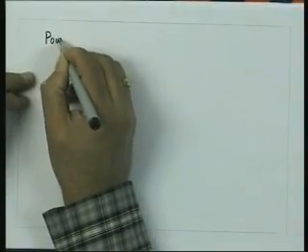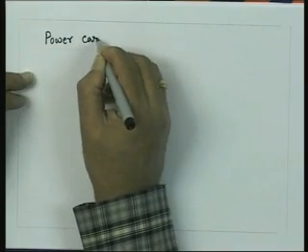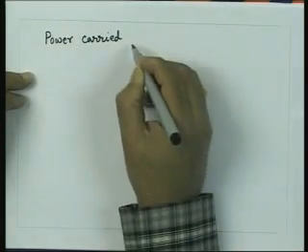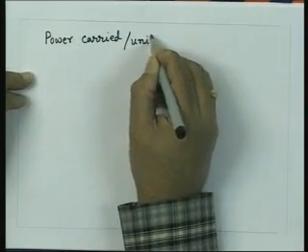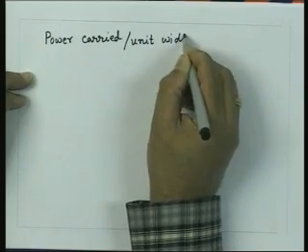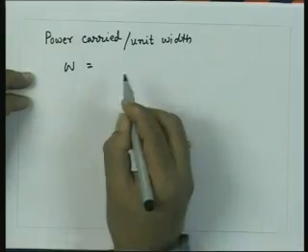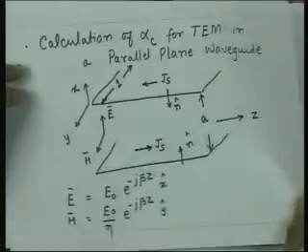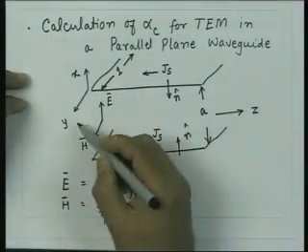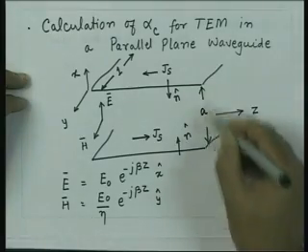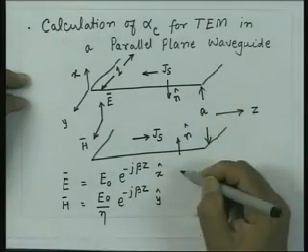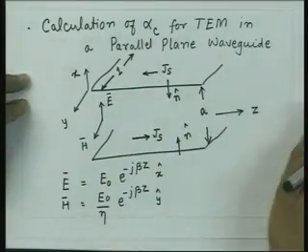So, we can get power carried per unit width, that is W, that is equal to integral over the cross section. So, in x direction the limits are from 0 to A, from y direction the limits are from 0 to 1.